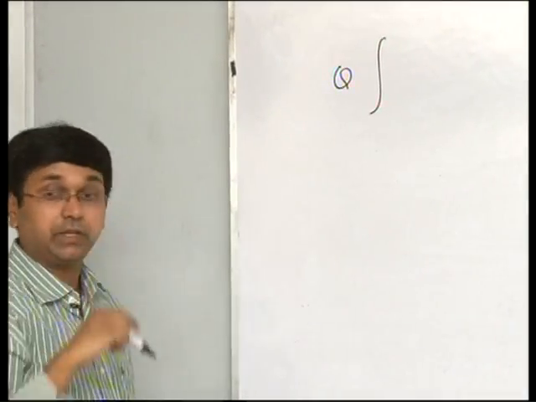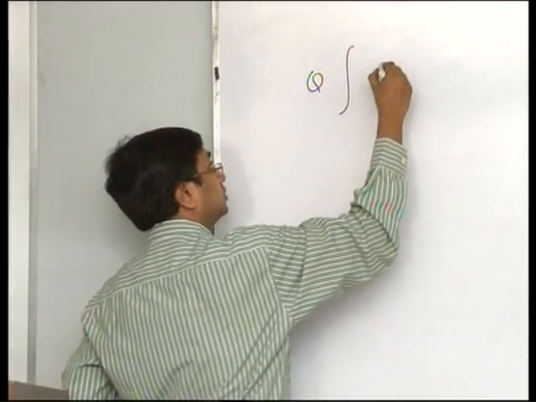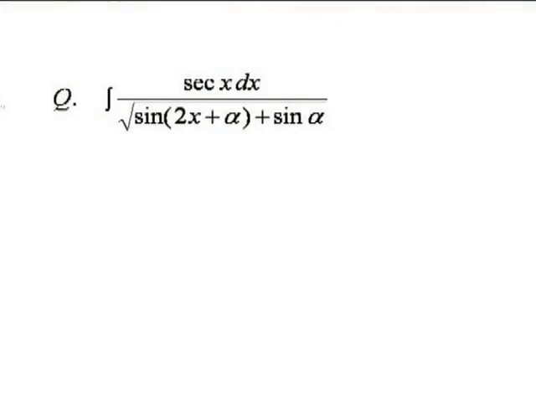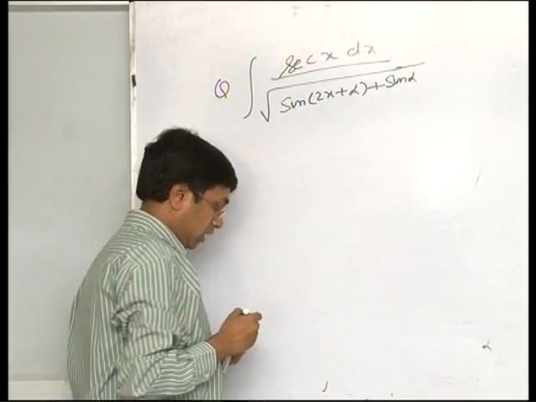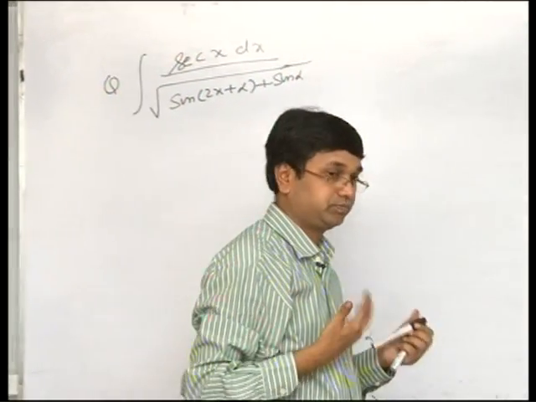We just discussed sine cube x in the denominator and so on. So we have something called sec x out here and sine 2x plus alpha plus sine alpha, where alpha is again a constant. Now how do we approach this problem?